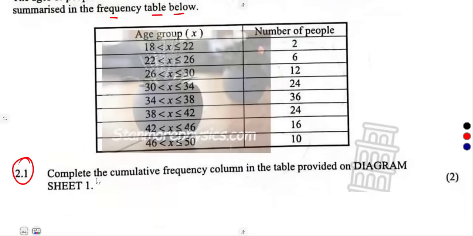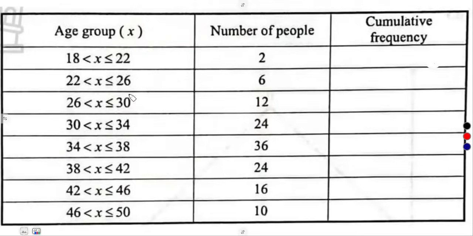So 2.1, complete the cumulative frequency column in the table provided on diagram sheet 1. So this was the part of the diagram sheet. They wanted us to complete here. As we can see, it is the cumulative frequencies.